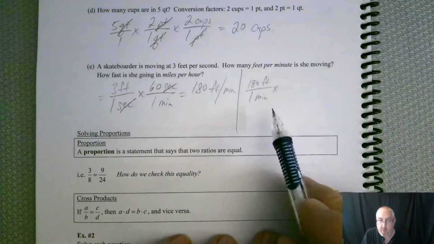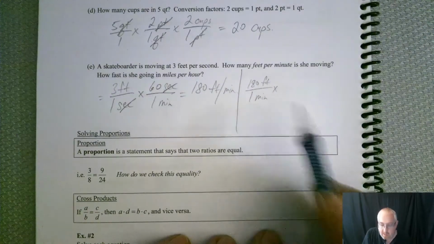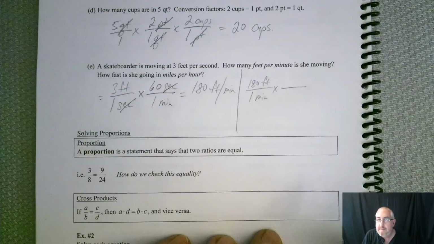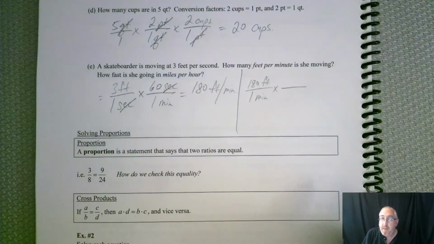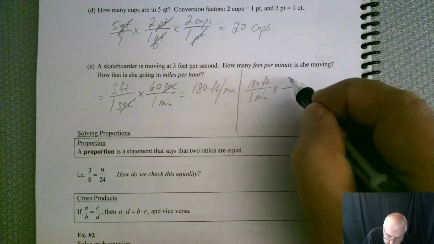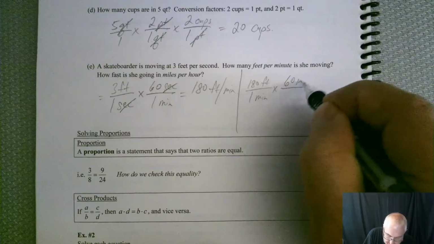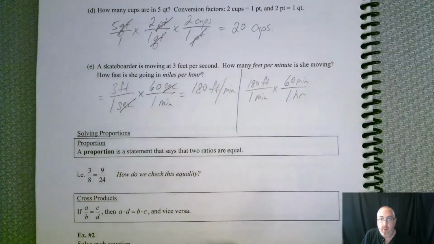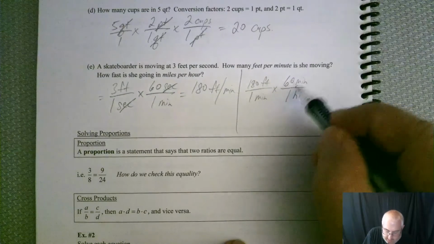If we want to get rid of the minutes, what would we multiply by? What over what? So we need minutes and hours in there. So 60 minutes is going to have to go on top, and 1 hour is going to have to go on the bottom. So that cancels those out.